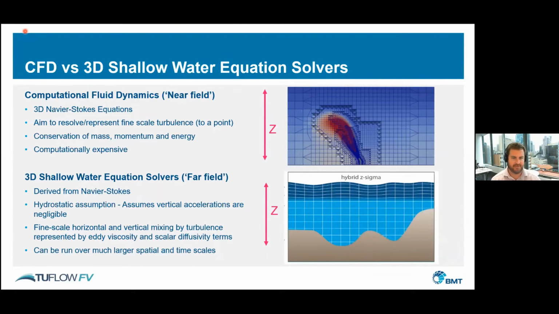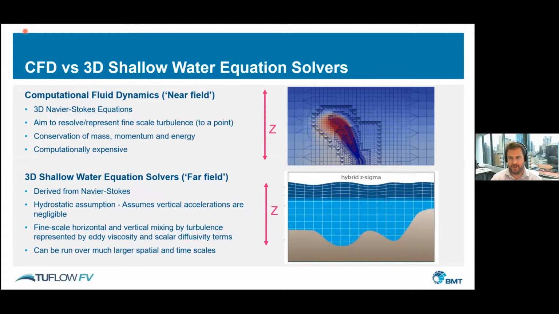And they look at the conservation of mass and momentum and energy as the core equations that they're solving. And because of the detail that you need to go down to with these models, they can be computationally expensive. And so, computers are getting faster and faster all the time. And over time, we'll see these models become more and more prevalent, as Craig alluded to.